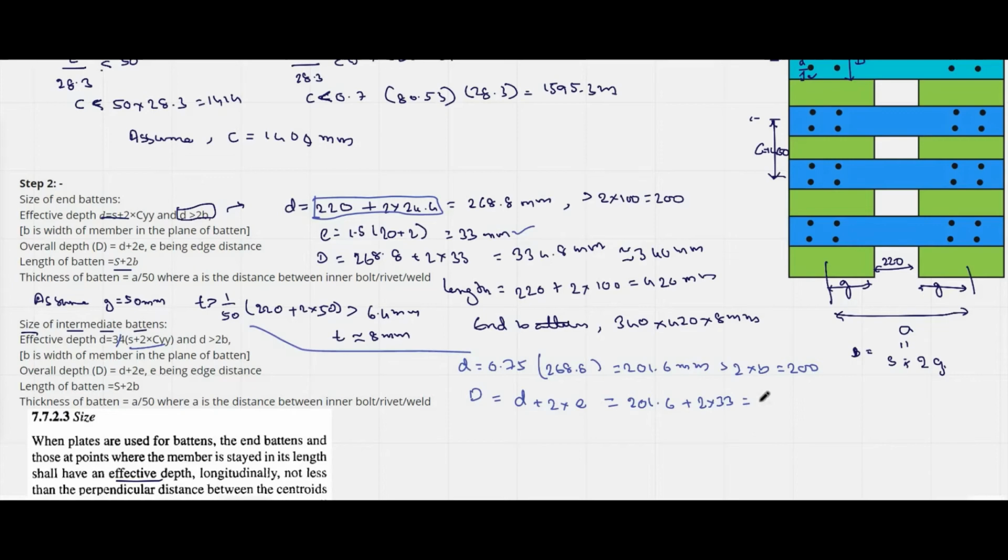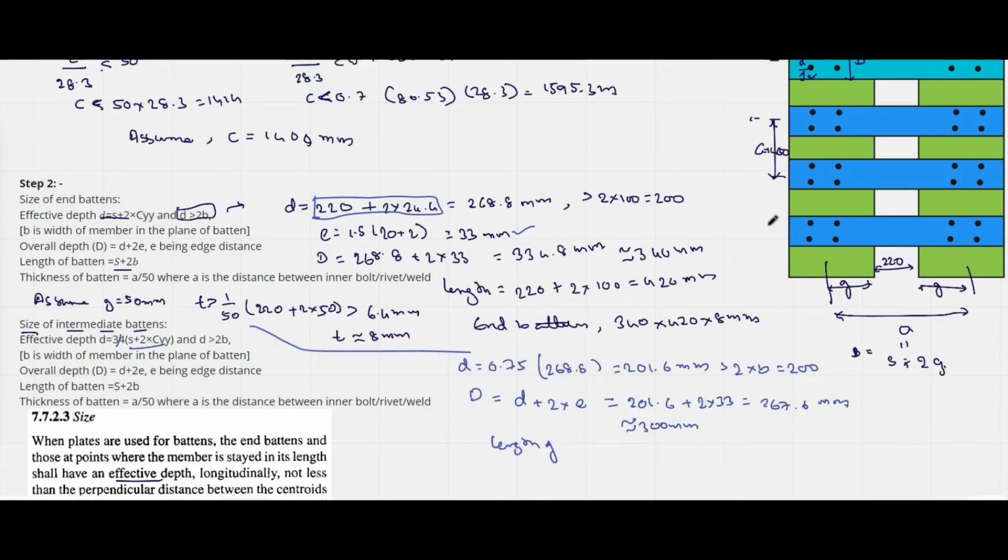This will be 267.6 mm. So let us assume this value as 300 mm to be a safer size. The length will not be changed here.